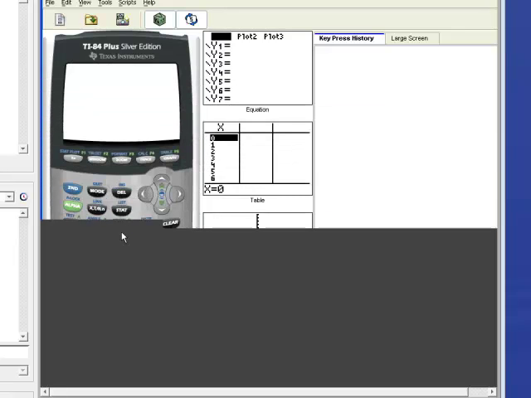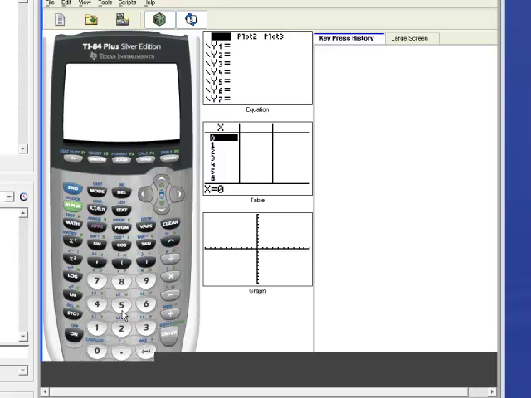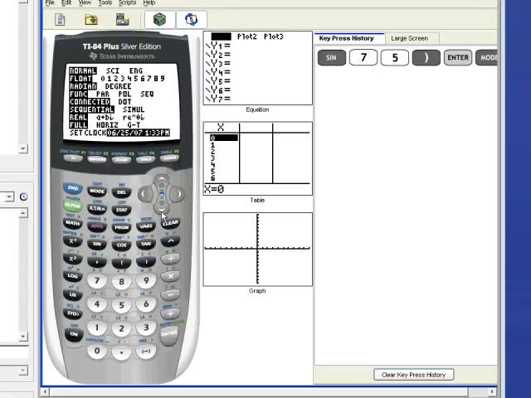Okay. The first one was sine of 75 degrees. And that should be in the neighborhood of between 0.866 and 1, so 0.9 maybe. That obviously tells us that we're not in degrees. So I have to go to mode and switch from radians to degrees.